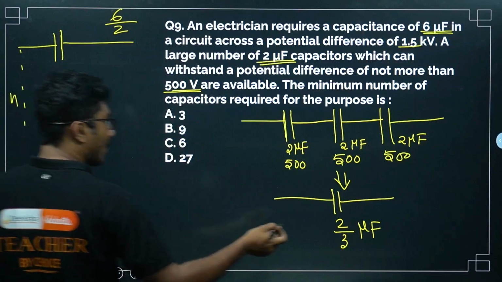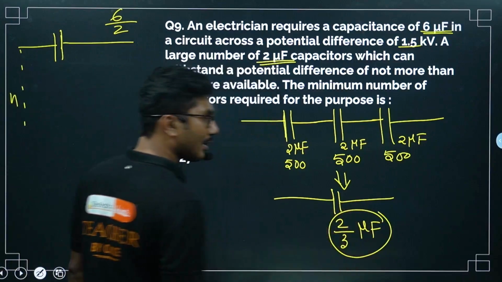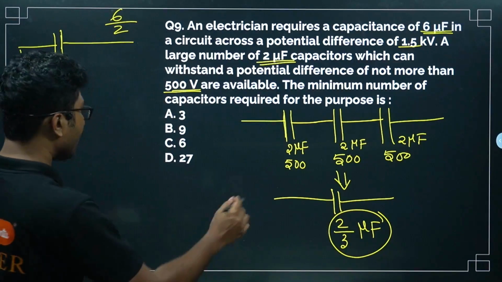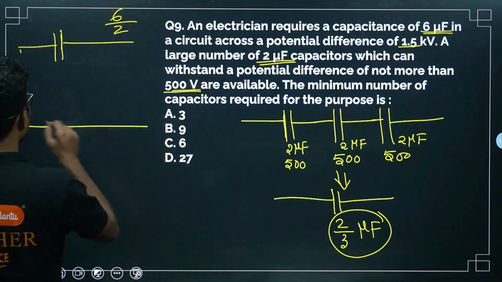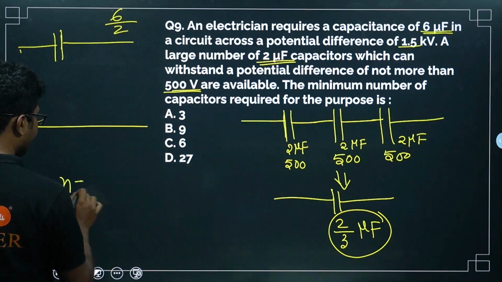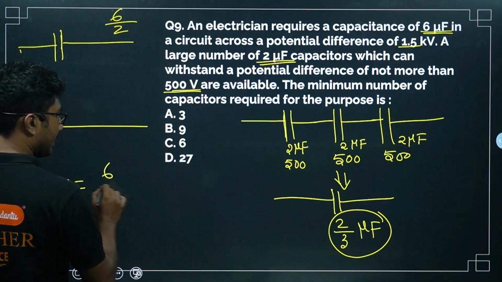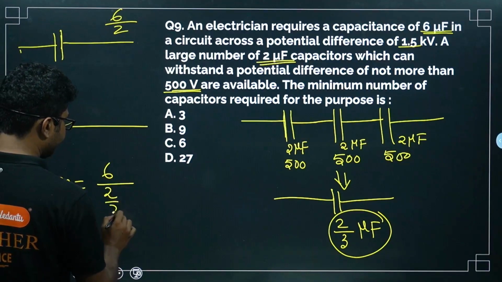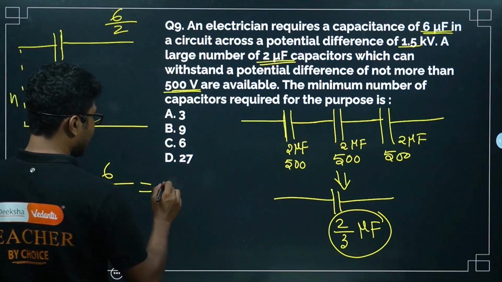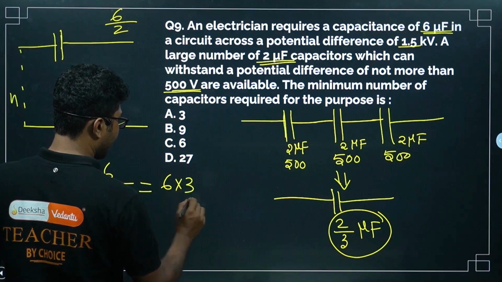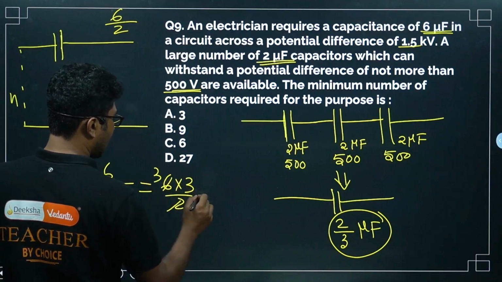Now we have found a combination which can withstand 1.5 kilovolt. So how many rows do we need? Suppose n rows are needed, so n will be 6 divided by 2 by 3, that is 6 times 3 divided by 2, that is 9 rows.